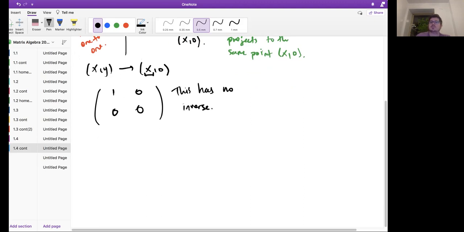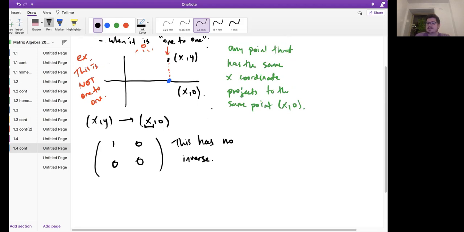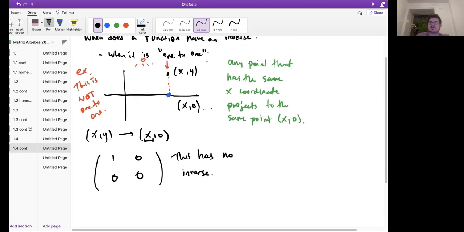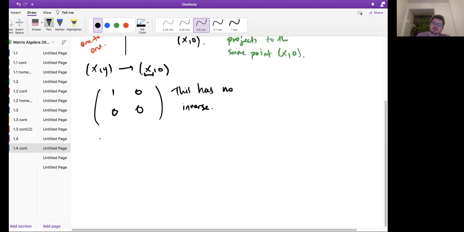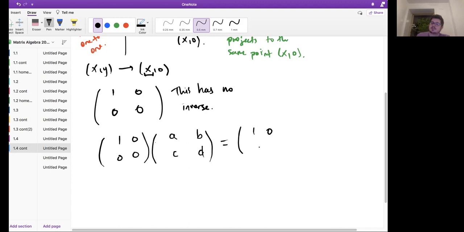Just based on it being not 1-to-1, that's kind of reason enough why it doesn't have an inverse. But let's show that explicitly. If it did have an inverse, there would need to be some matrix such that when you multiply, you get the identity back.